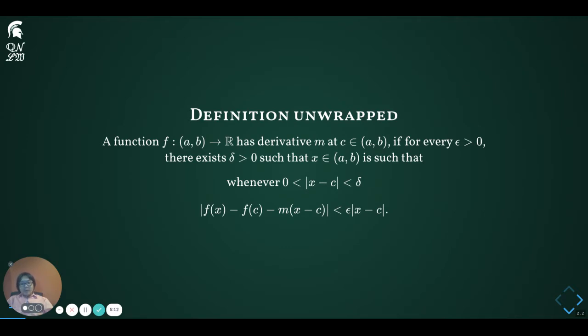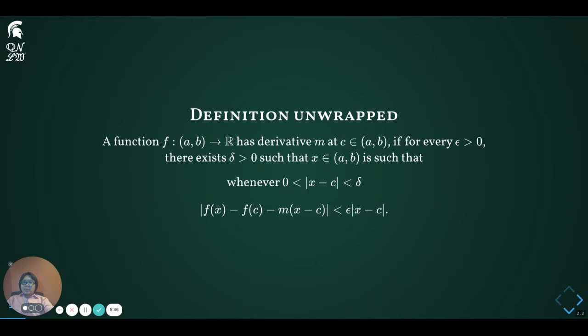A function f is said to have a derivative m at a point c in its domain if for every positive epsilon there is a positive delta such that if x in the domain has distance to c that is strictly between 0 and delta, then the quantity f of x minus f of c minus m times x minus c is, in absolute value, less than epsilon times |x minus c|.